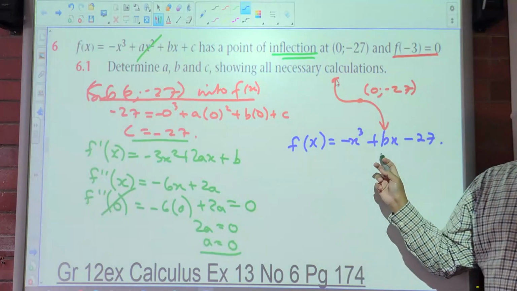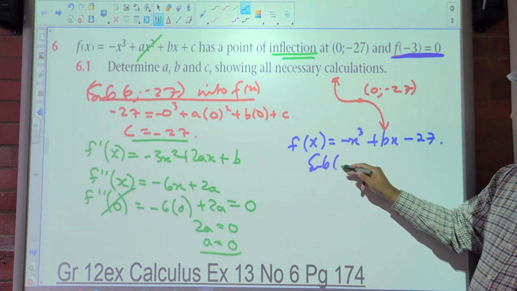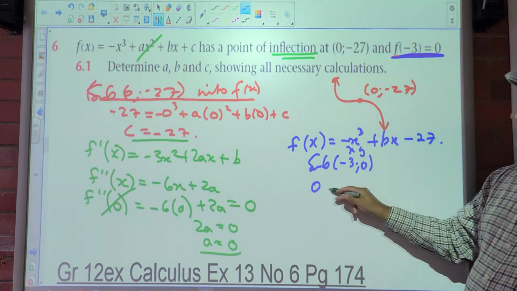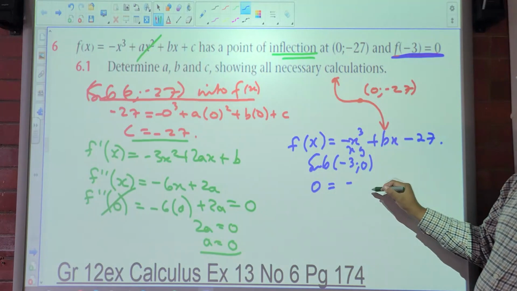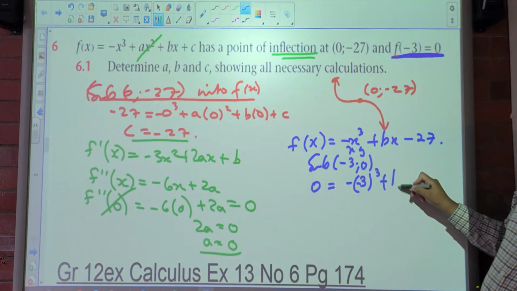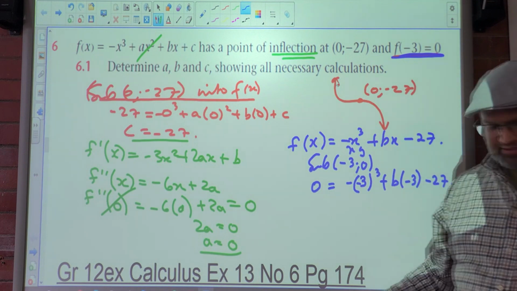So because it's one unknown, I'm going to use another point. So we substitute negative 3 and 0 into x and y. So 0 is equal to negative negative 3 cubed plus b times negative 3 minus 27.